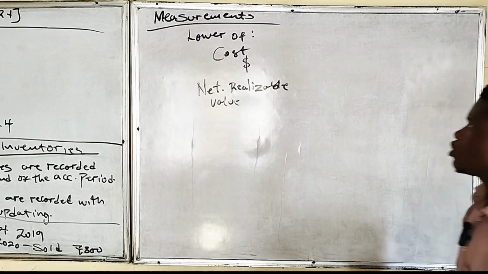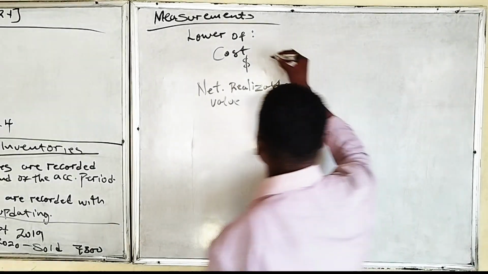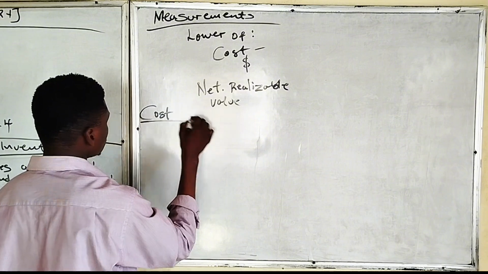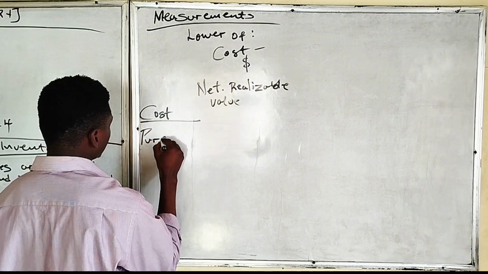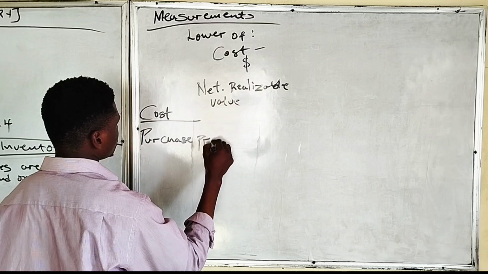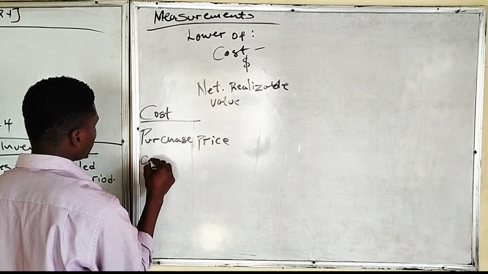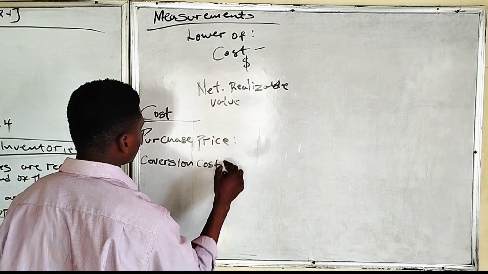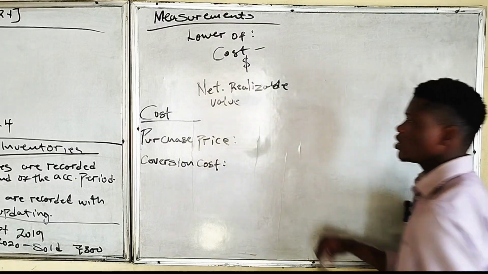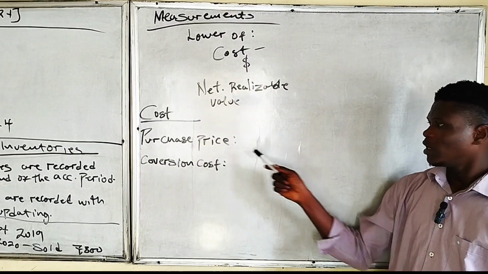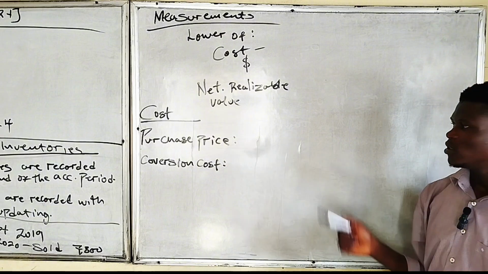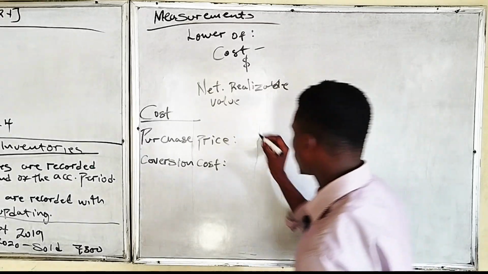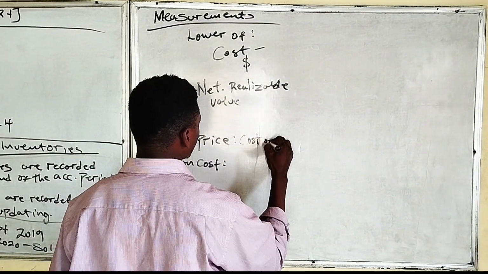Cost itself includes some terms, so let me break it down here. Cost components for inventory include the purchase price and the conversion cost. Purchase price includes the amount which was used to actually purchase these items.